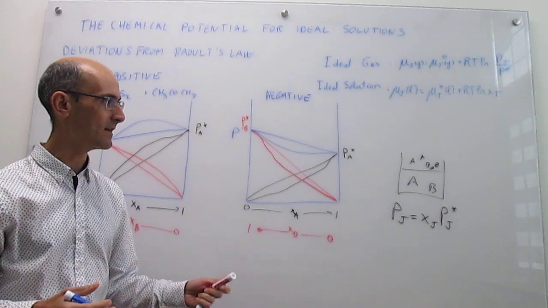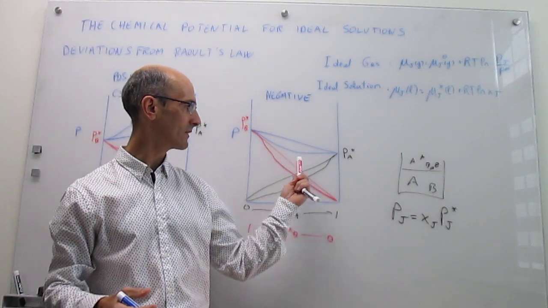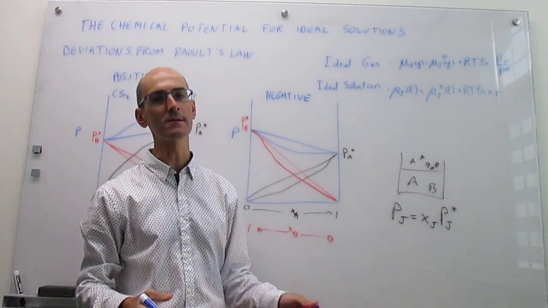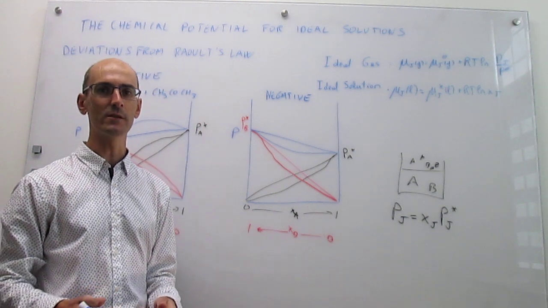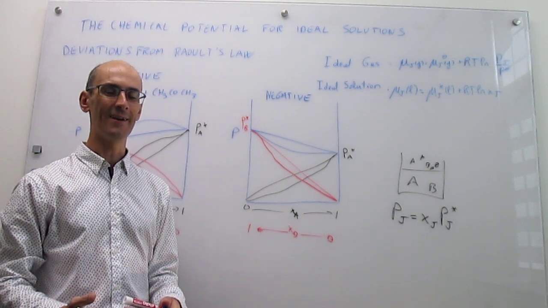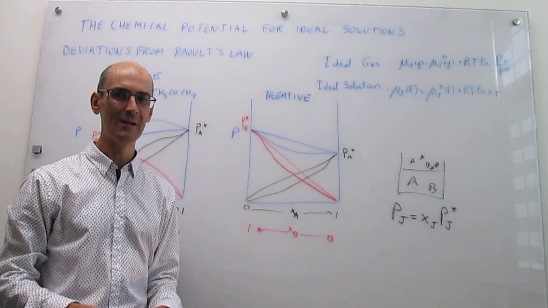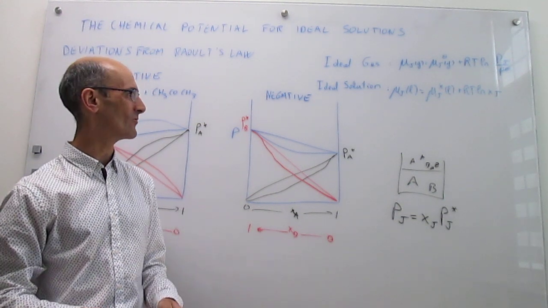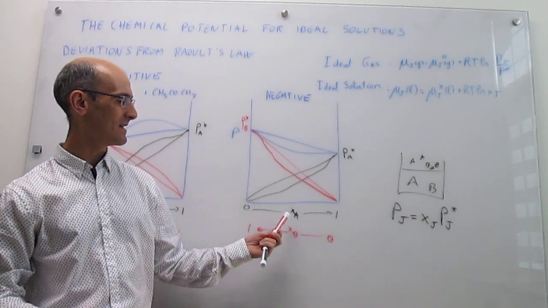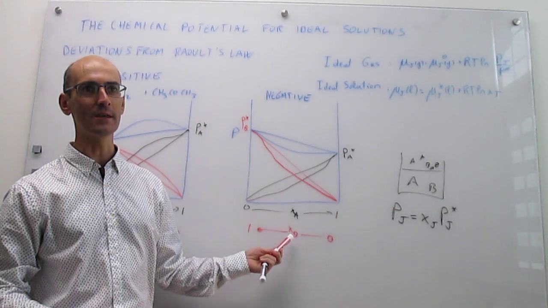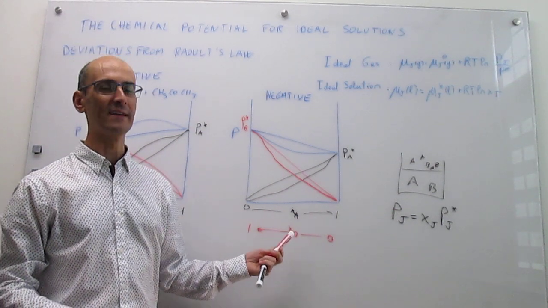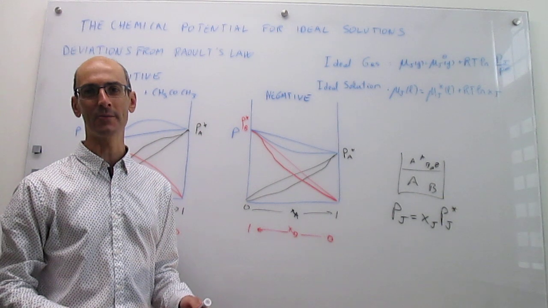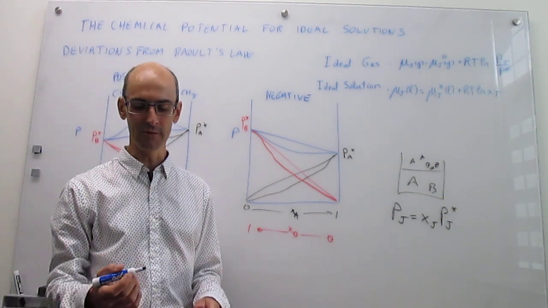So what happens here is that if there's a decreased tendency to put molecules into the gas phase, that's because those molecules in the liquid phase are stabilized much more so than in an ideal solution, right? So what that means is that A attracts B more strongly than A attracts A or B attracts B. Okay, and these solutions also exist.